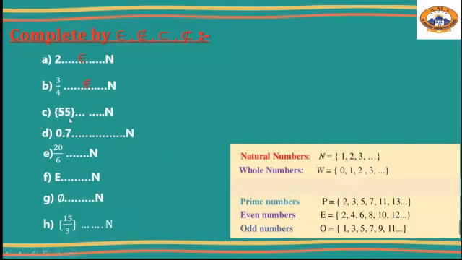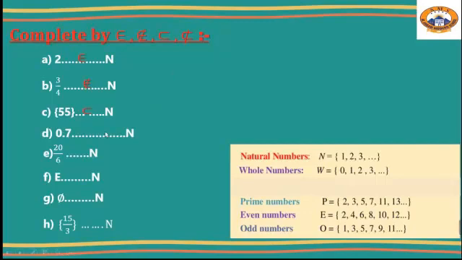What about the number 55? Is it from the natural numbers? Yes, but I have it inside a set. So I am finding the relation between a set and another set, so I will use subset or not subset. My answer will be subset.